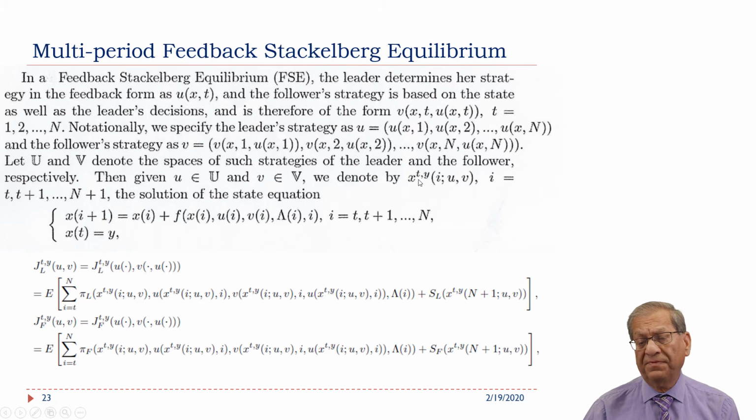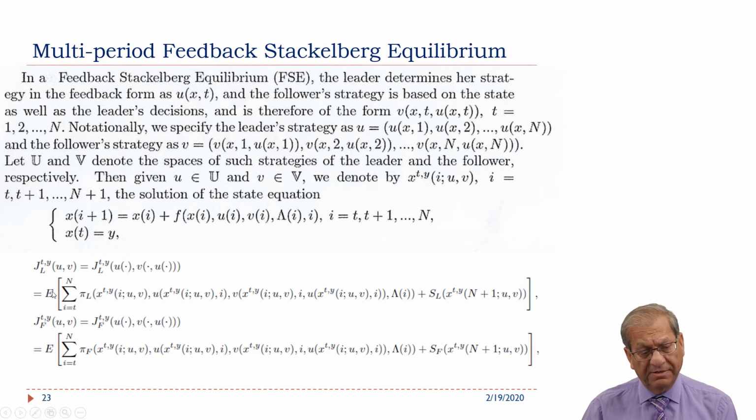That is defined by x, where the t and y are the initial time and value, given as a superscript, i is a period following period t, and u and v are the decisions we chose as a feasible solution. So x^{t,y}_i(u,v) is the state at time i going from t+1 to N. Given that state, we already know the decisions. So given the state and the decision in each period, we can write the profit.